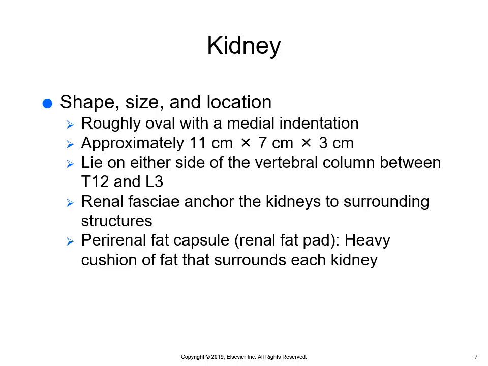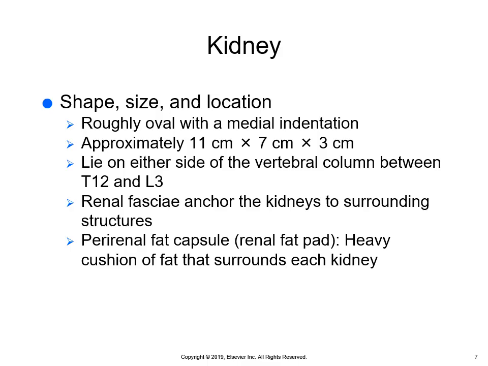So that's basically in the lower back or near the lower back. The left kidney is actually a little bit bigger than the right one, and the right kidney sits slightly lower. There is a reason for that: the liver takes up more space on that side.